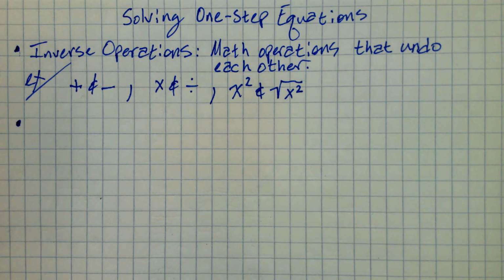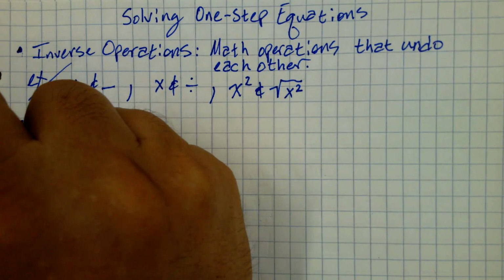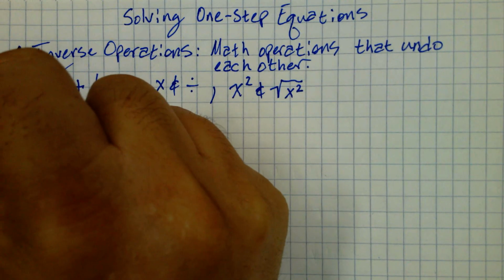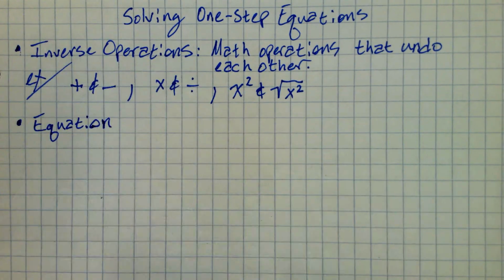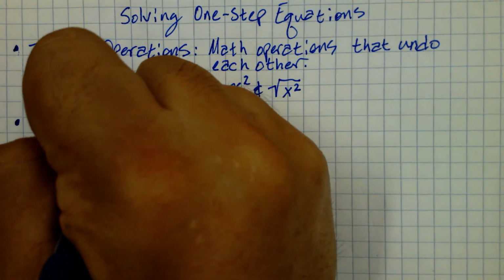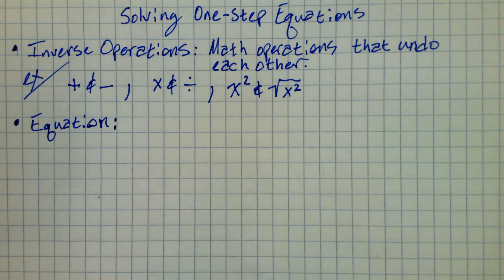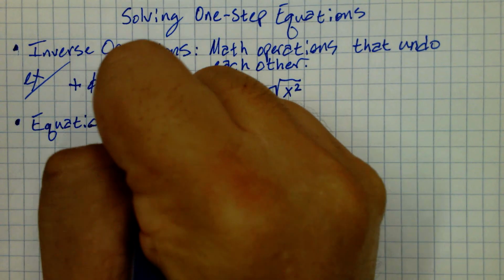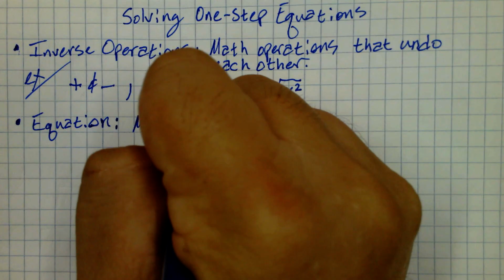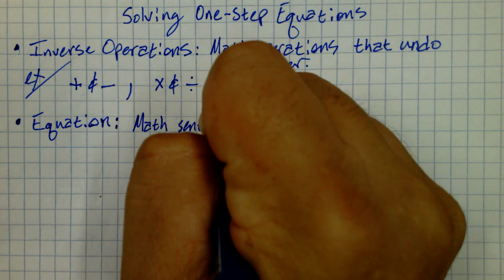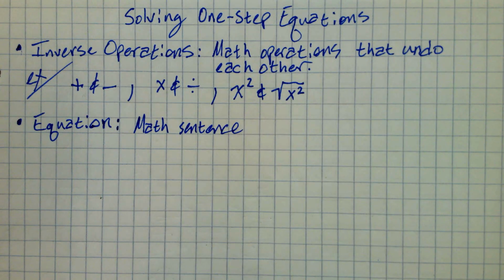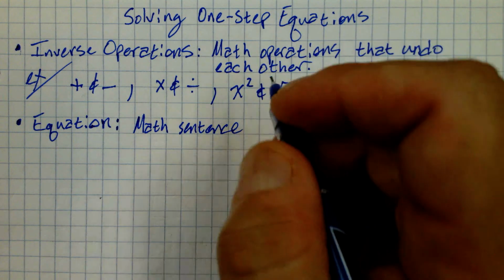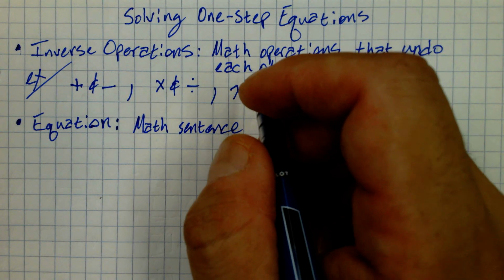The next thing I want to talk about is equation. What's an equation? Well, an equation is actually a math sentence. And what makes something a math sentence? It has some operator on there telling us how to compare the numbers.